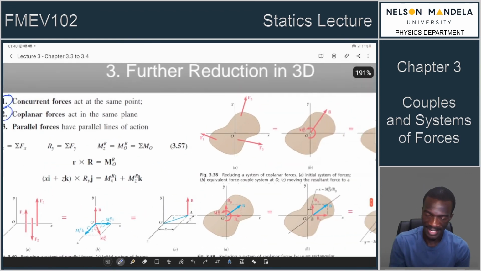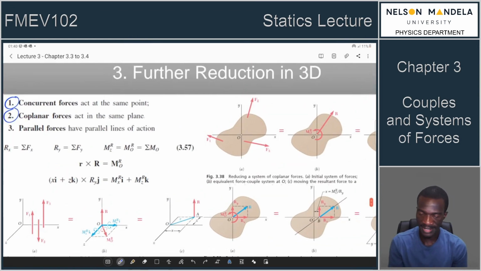So this is a case where we can get a single resultant. Now the sum of all your forces is equal to the sum of the individual forces in the X. The sum of the forces in the Y gives you a resultant in the Y, and so forth and so on.